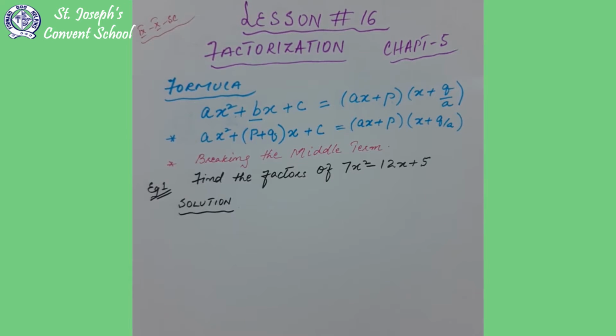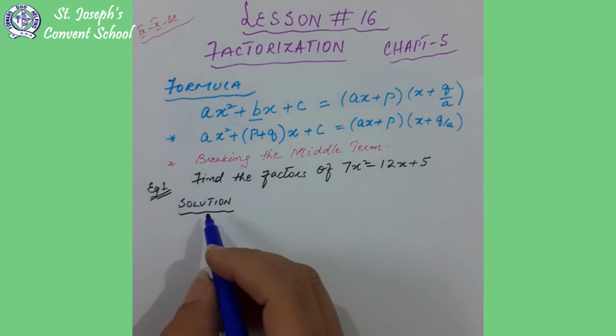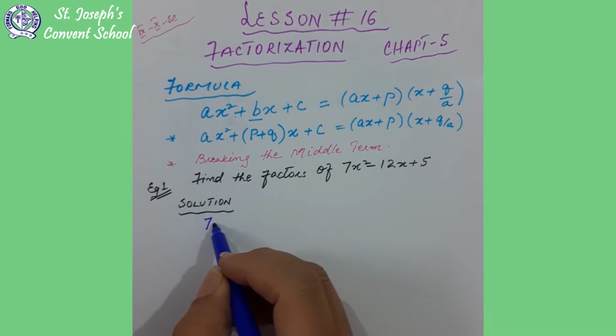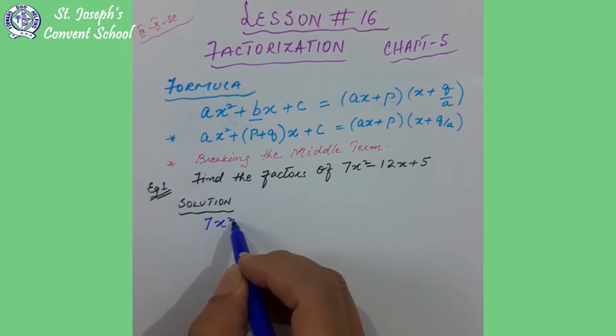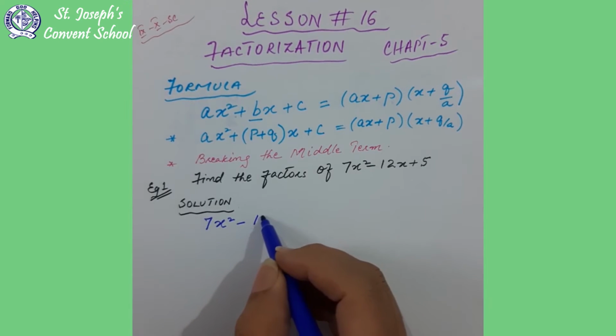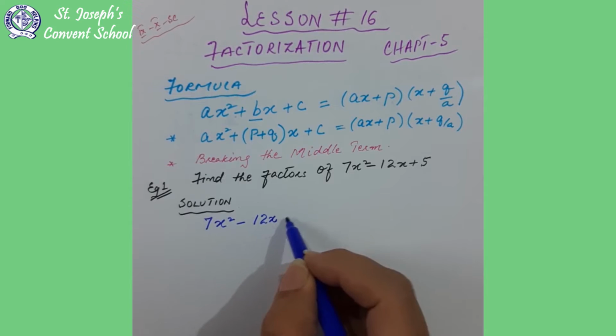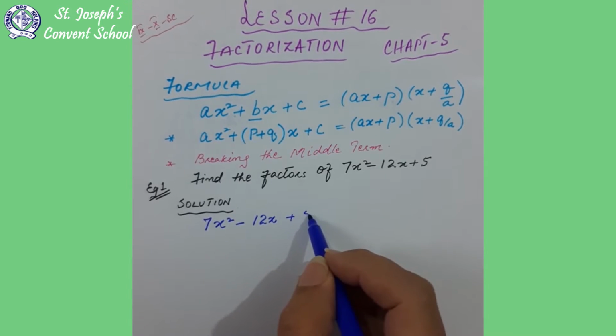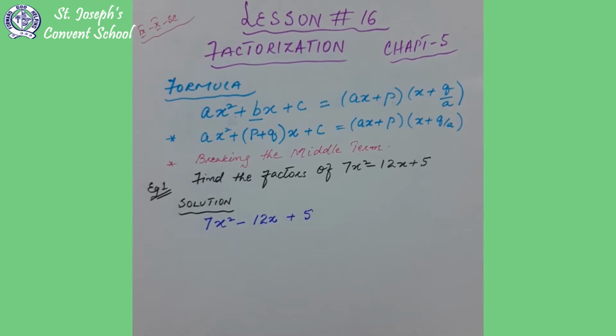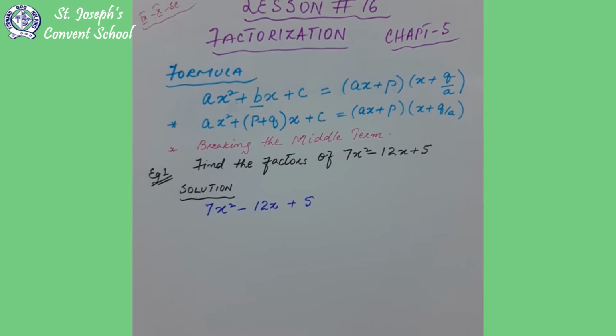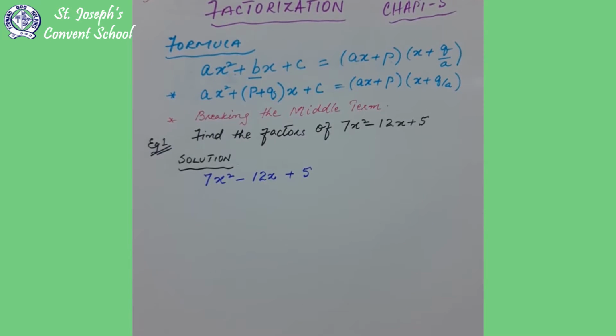Now according to the question, write the formula. This is 7x square minus 12x plus 5. Now we will break the middle term. Middle term is 12. Now how to break the middle term?